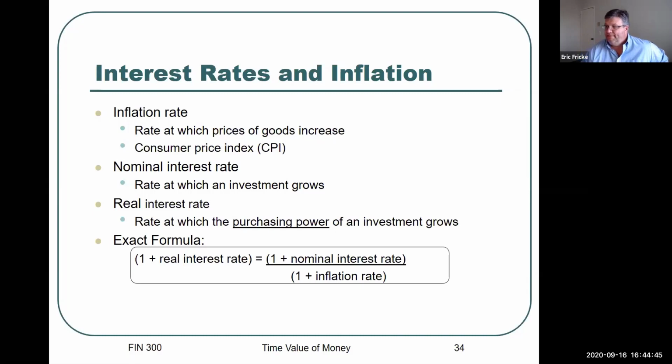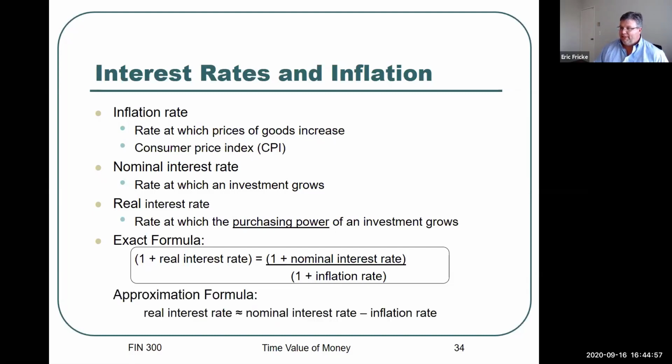To calculate real interest rates, we have two different formulas. One is the exact formula, and the other one is the approximation formula. The exact formula for the real interest rate is 1 plus the nominal rate divided by 1 plus the inflation rate, minus 1.